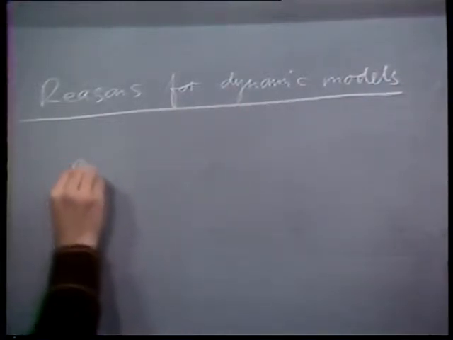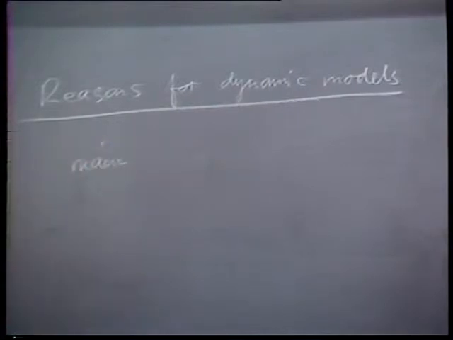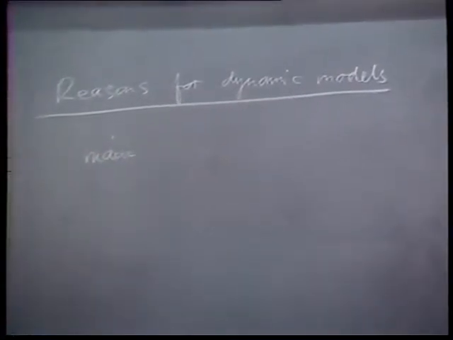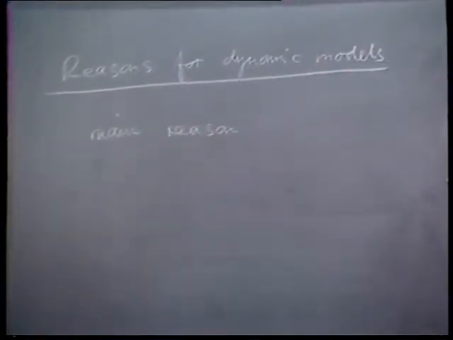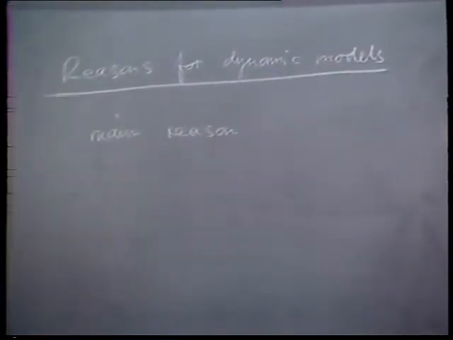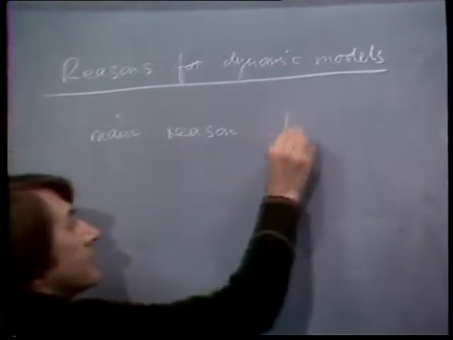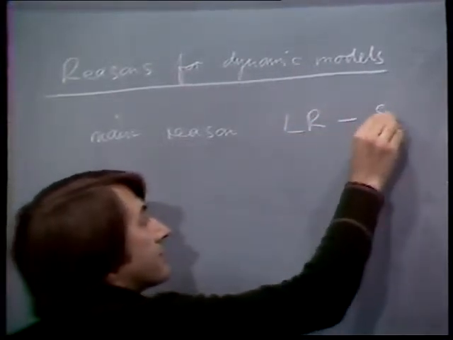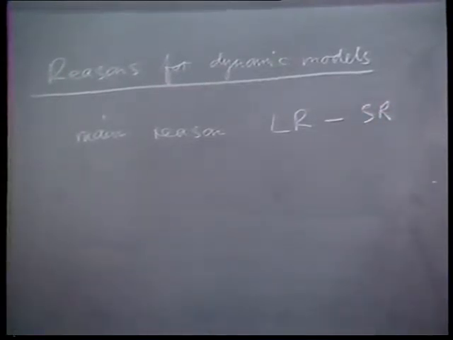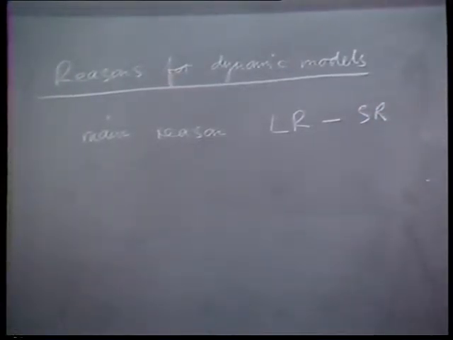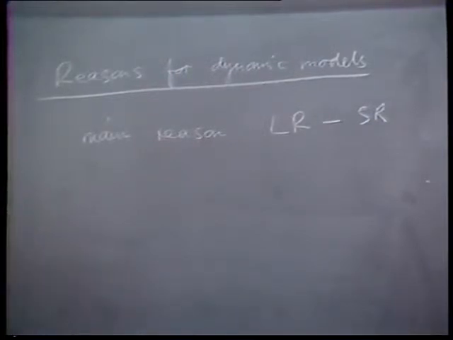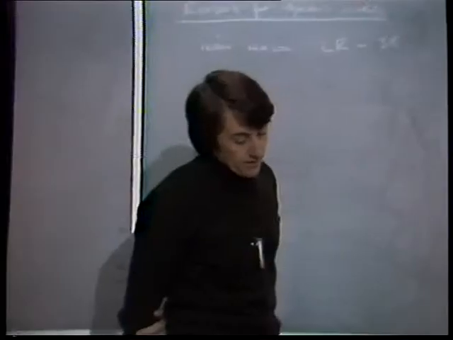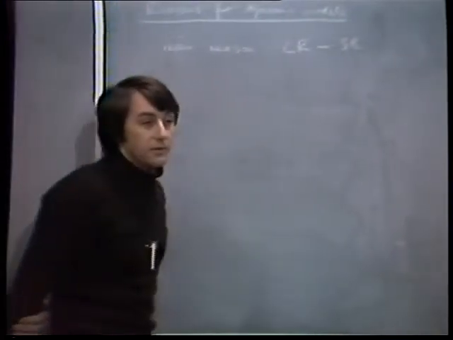Well, the main reason, I believe, for dynamic models is that we want to capture the distinction between long-run and short-run behavior. And it's commonly believed in economics, for example, that behavior in the short run will differ in many circumstances from long-run equilibrium behavior.